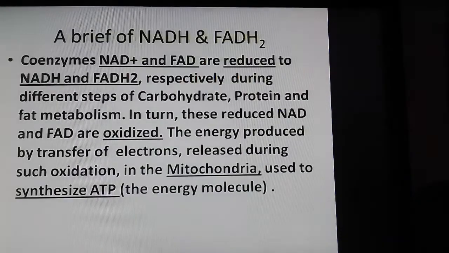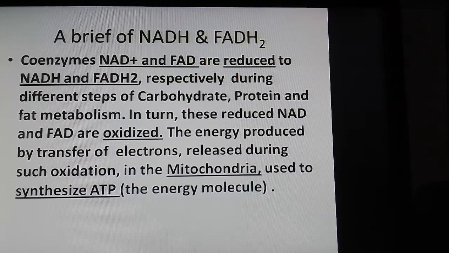Now here to give an abstract of how the raw material for the process of oxidative phosphorylation appears. The coenzymes NAD and FAD are used during the metabolic activity of carbohydrates, proteins and fat metabolism.